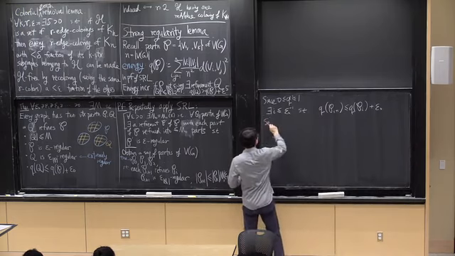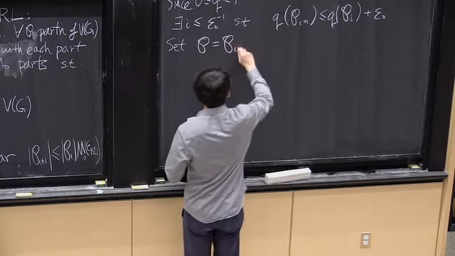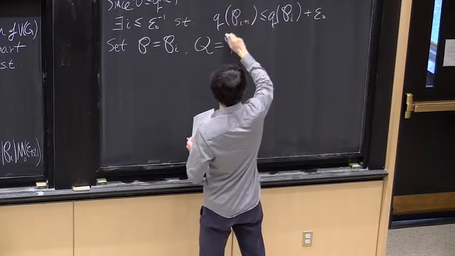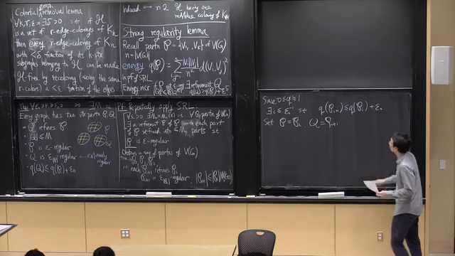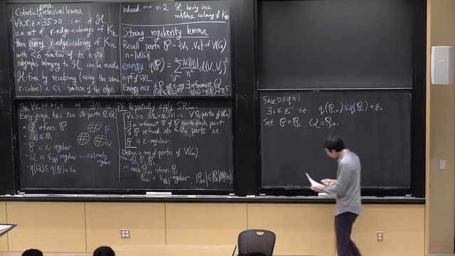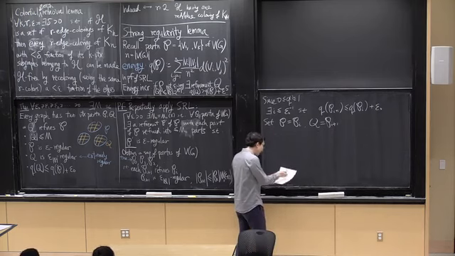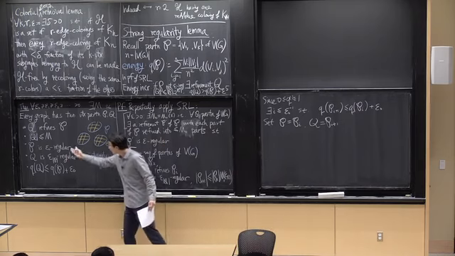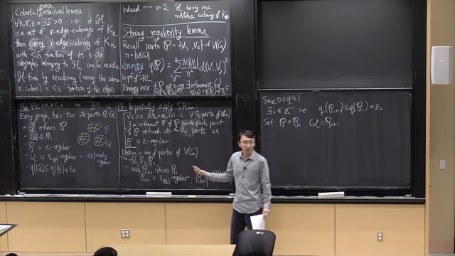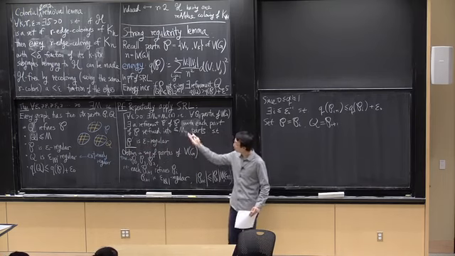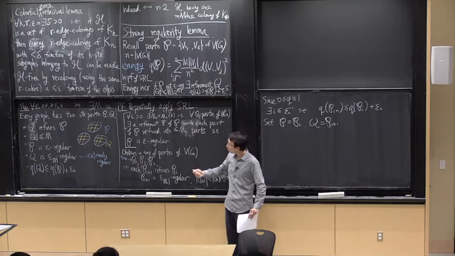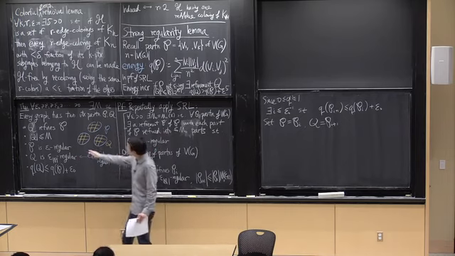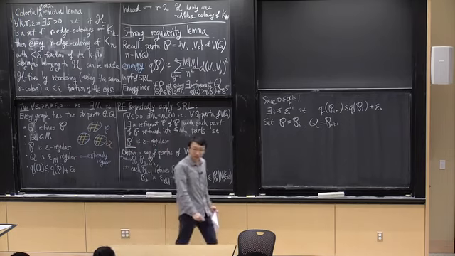So now let's set P to be this P sub i and Q to be the refinement, the next term in the sequence of partitions. And then you have basically all the conditions. So P is epsilon naught regular because it is epsilon-regular with the previous term, which is at most epsilon naught. And you have this one as well, and this one as well. And we want to show that the number of parts of Q is bounded.